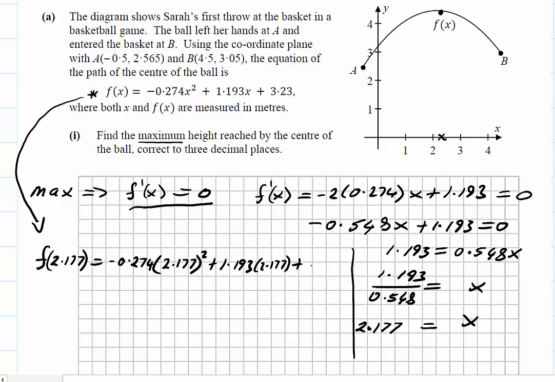And finally plus 3.23. And when you work that out on your calculator, you get an answer of 4.529. And we're dealing in meters, so that's 4.529 meters. So that's the answer to part 1, the maximum height correct to 3 decimal places.